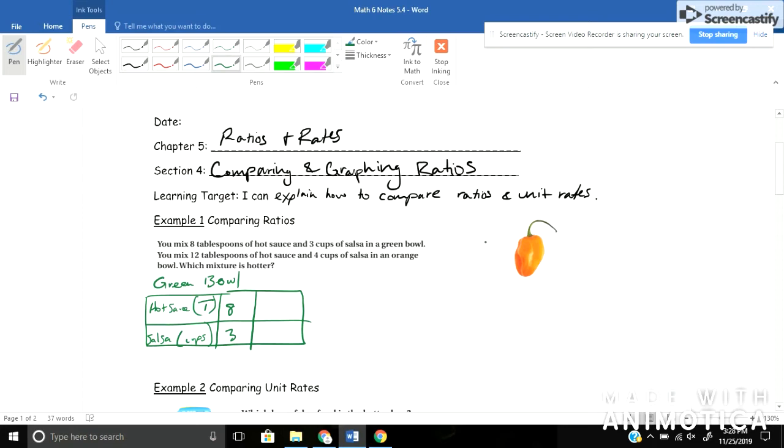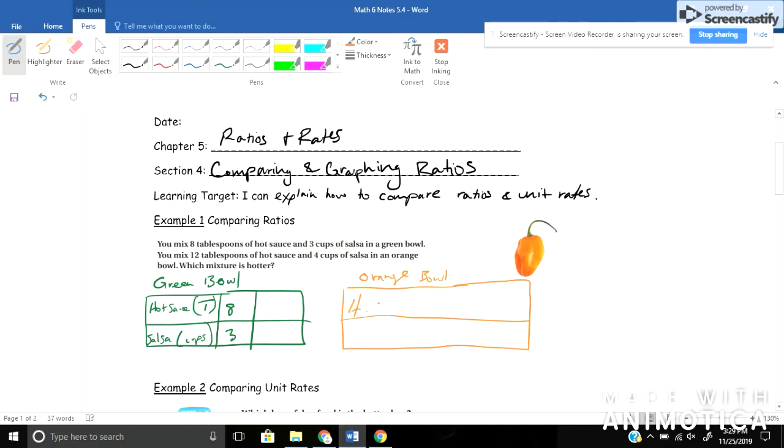Okay, and for my other bowl, let me choose a different color here for my orange bowl. Okay, again, making another table will definitely help organize our thoughts here.